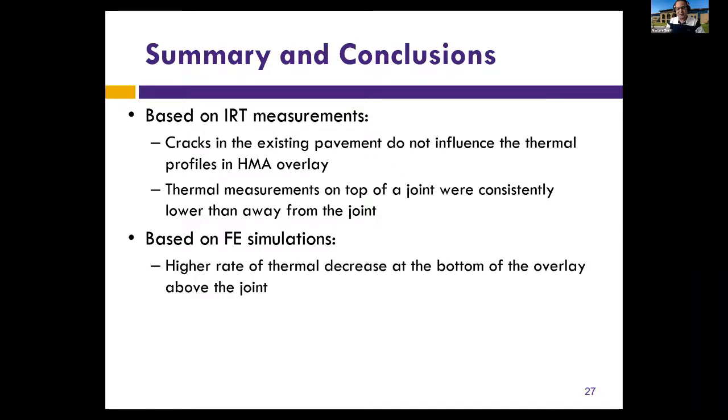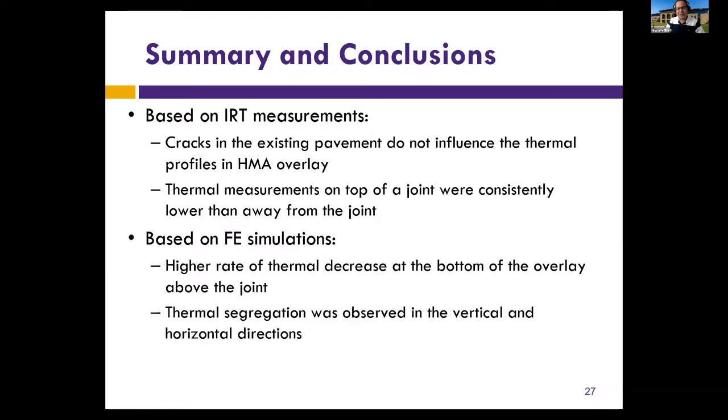Based on the finite element model, we found that there is a significant thermal loss at the bottom of the overlay, especially above the joint. And we found that thermal segregation happens in both the vertical and horizontal direction, and that's a factor that has not been considered so far.